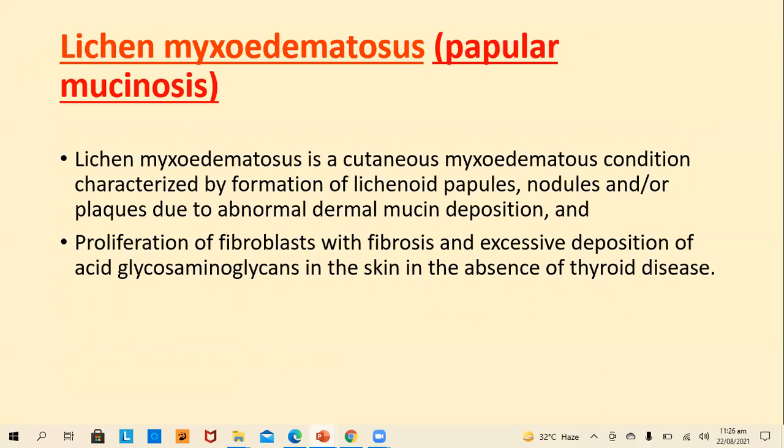In addition, there is proliferation of fibroblasts with fibrosis and excessive deposition of glycosaminoglycans in the skin in the absence of thyroid diseases.